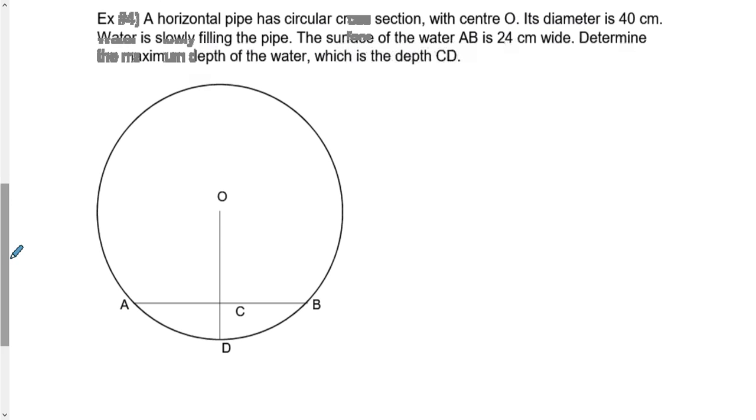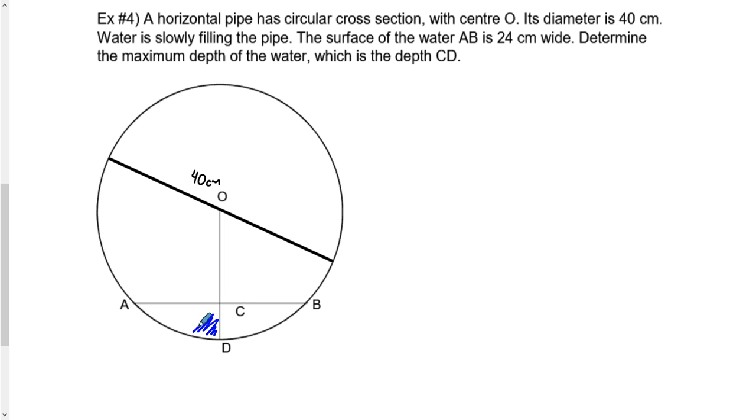Next example. A horizontal pipe has a circular cross-section with center O. Its diameter is 40 centimeters. So the diameter going through the center, that entire side, or that entire special chord, is 40 centimeters. Now water is slowly filling the pipe.